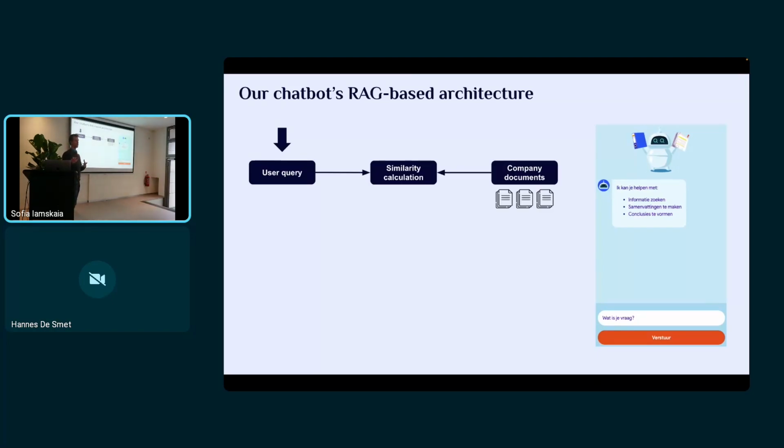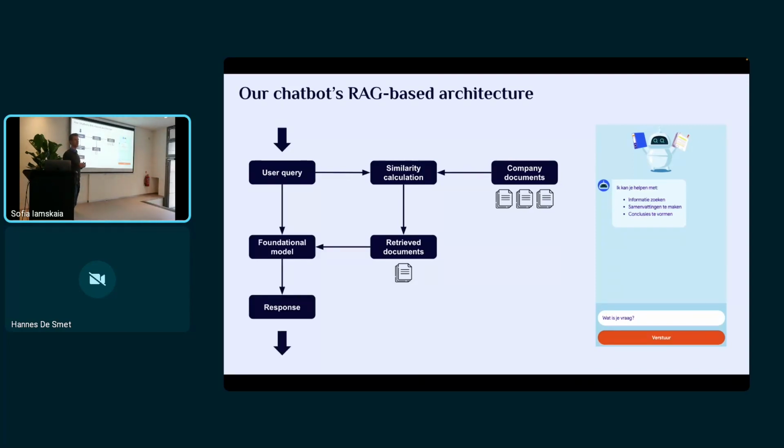Then we have some company documents, and then we will do a similarity search. So we will compare the query of the user against all the company documents and calculate the similarity. The documents with the highest similarity are retrieved. This is what we call the retrieved documents. And then these documents are sent to our foundational model together with the query, and then the foundational model proposes an answer.